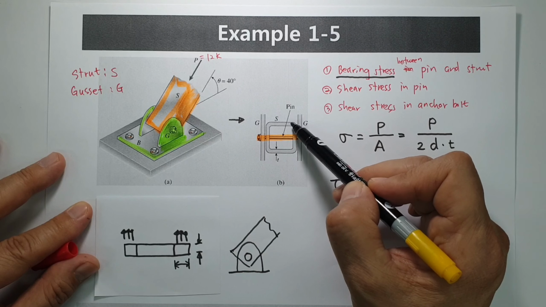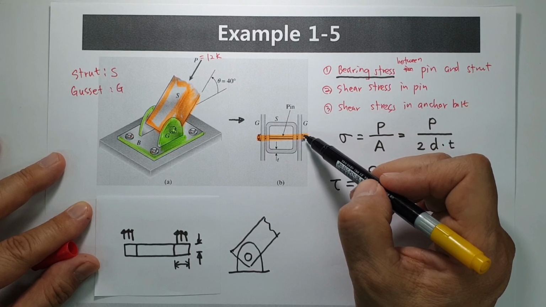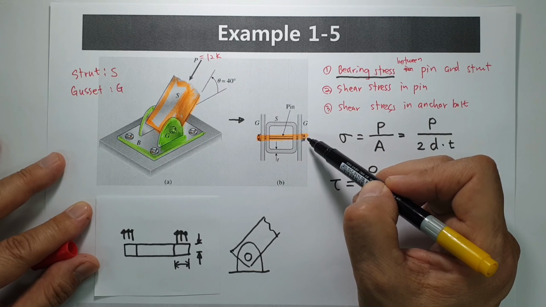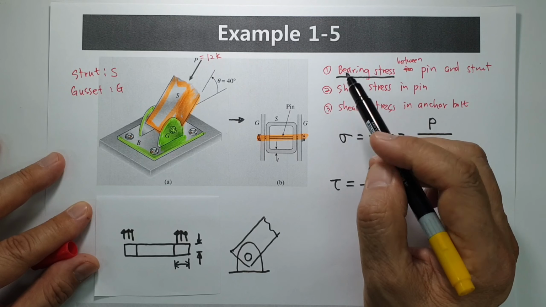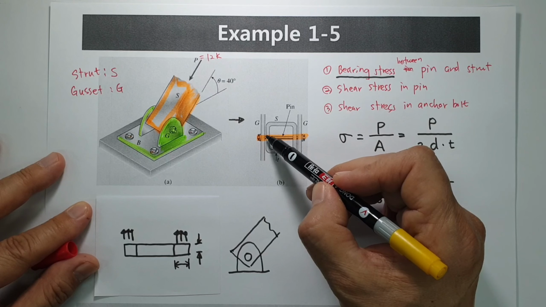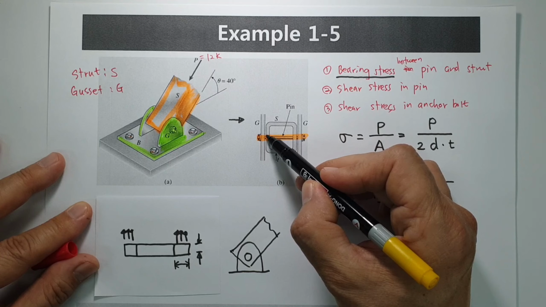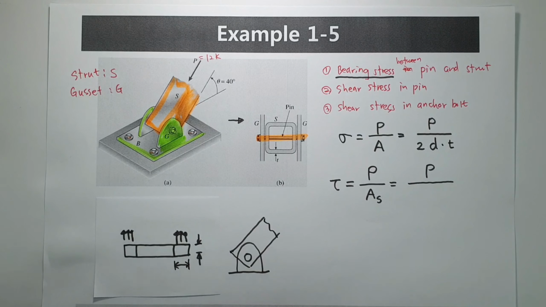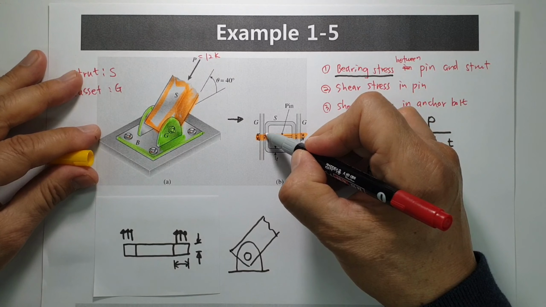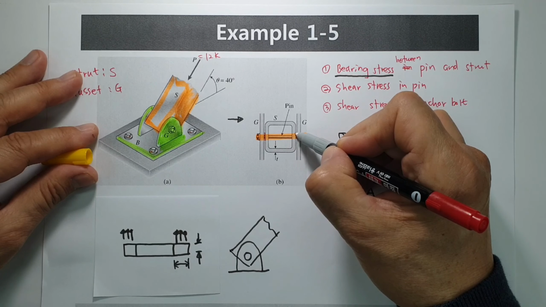Finally, if it is cut and destroyed, then the cut area is this surface here, and here and there.